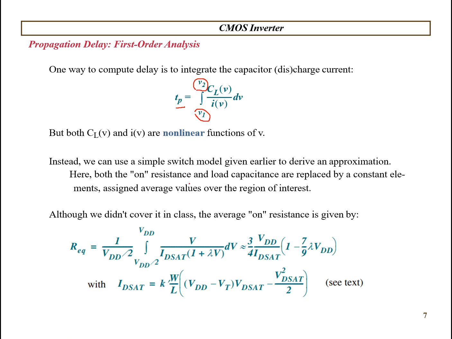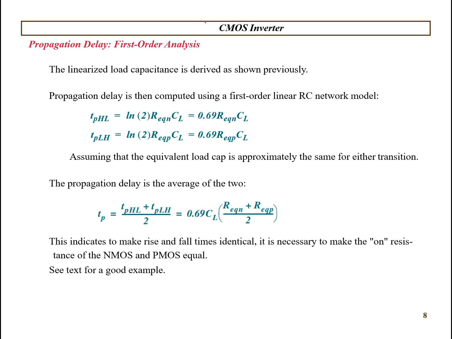Here both the on resistance and load capacitance are replaced by constant elements, assigned average values over a region of interest. The average on resistance is given by 3/4 VDD / ID_sat into (1 - 7/9 lambda VDD), with ID_sat equal to K' W/L ((VDD - VT) VD_sat - VD_sat^2/2). This ID_sat we have already derived, and this is a very basic derivation of the R equivalent value of your MOSFET.